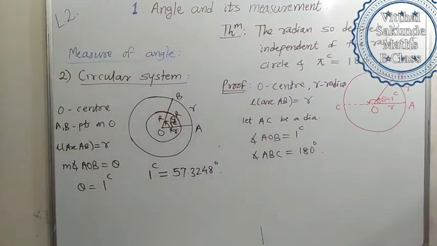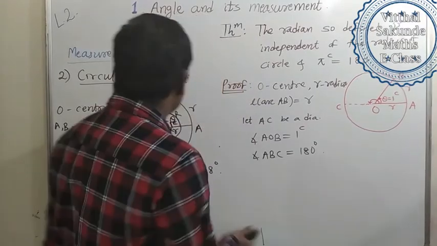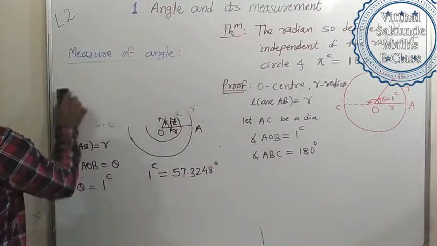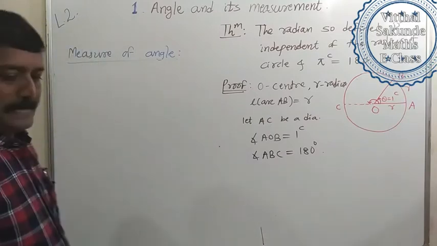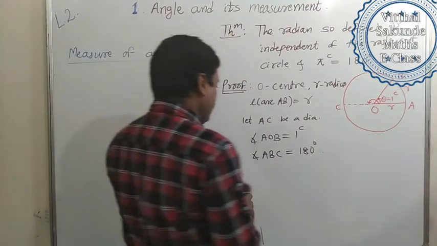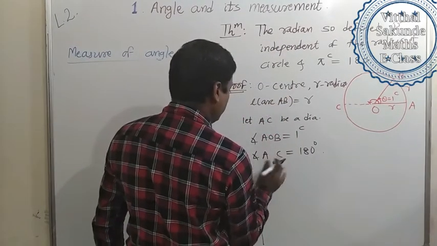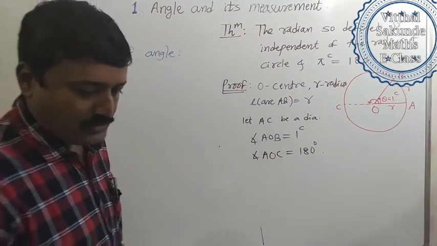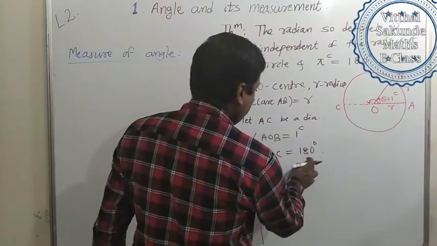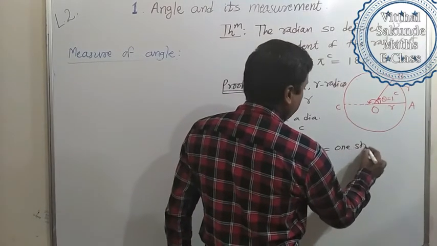Okay, we don't know how much 180 degree is equal to in radian, that we have to find here. For that, now here measure of angle AOC, sorry, it should be AOC. So angle AOC equal to 180 degree, that is nothing but 1 straight angle.